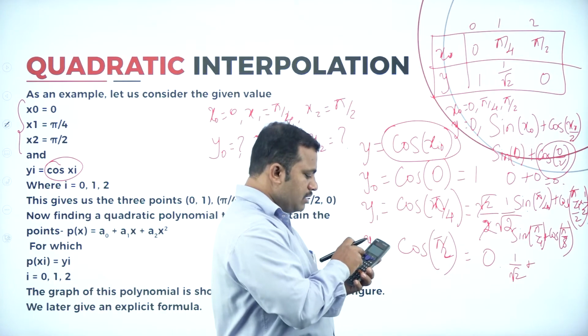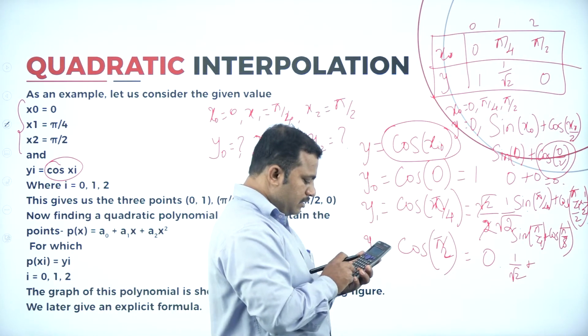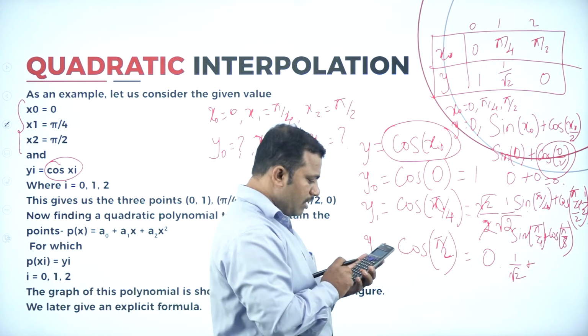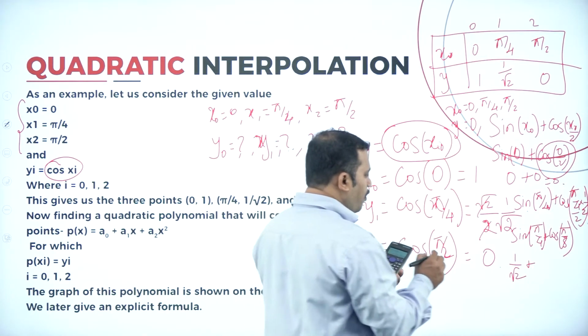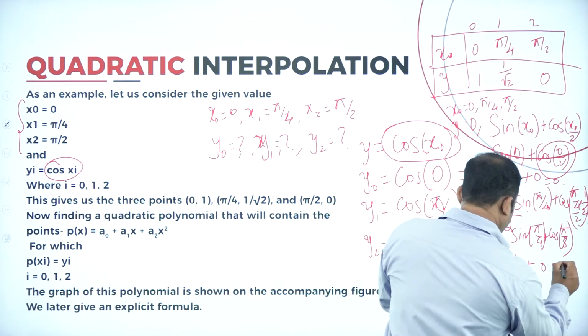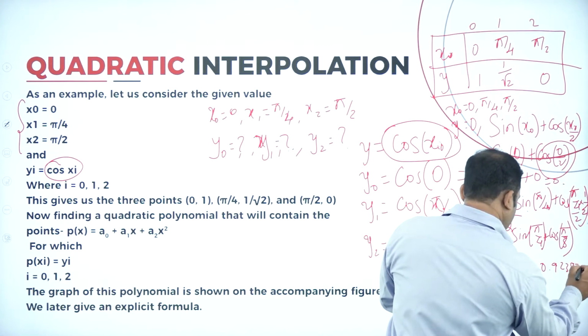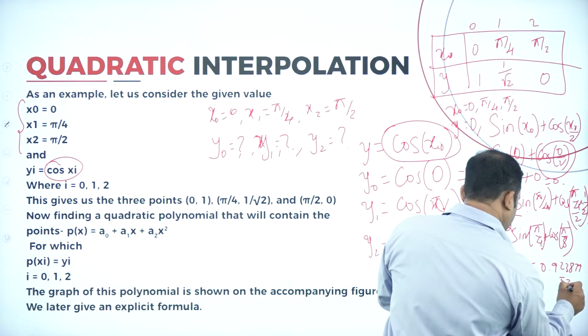Let me show you that. Cos of pi divided by 8. What is the value of pi by 8? It is 0.9238795325.